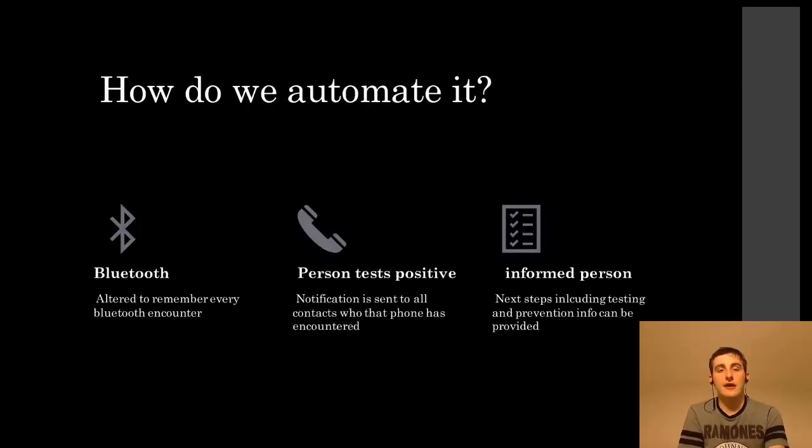So how do we automate it? Well, there are several ways to automate this, but the most common way that is currently being thought of is using Bluetooth. Bluetooth, the original spec, allows phones or other devices to communicate with each other, and even passively, without actually pairing a device, devices can see each other.